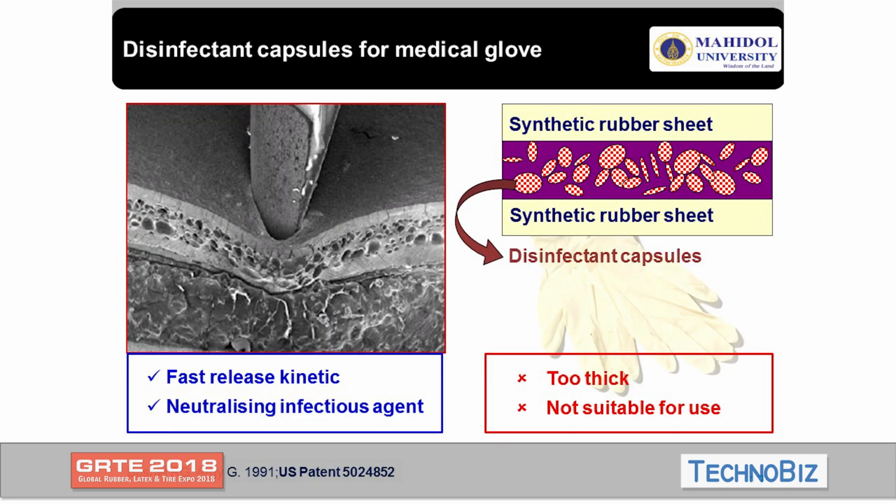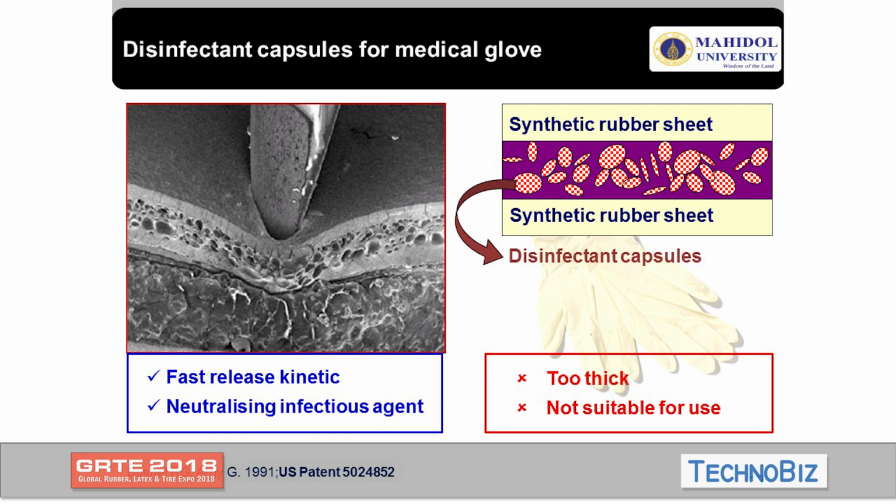So, Basnell and his team developed a special glove containing droplets of disinfectant agent. When a needle punctured the glove, the disinfectant agent was released and neutralized any infectious agent carried by the needle.